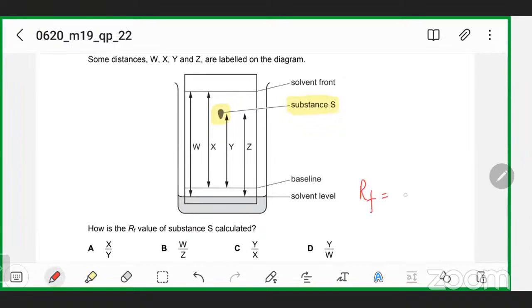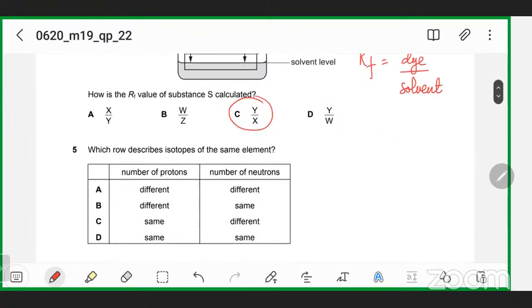It's the distance that's traveled by the dye divided by the distance that's traveled by the solvent. And everything has to start from the baseline. So the distance traveled by dye is Y, and the solvent is X, so it's going to be Y over X, right? Is that clear? Yes.